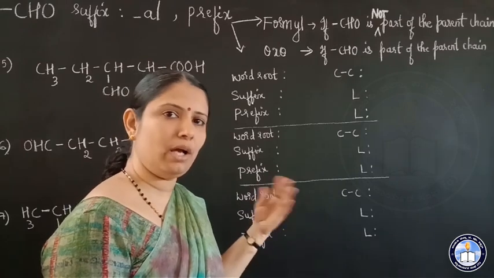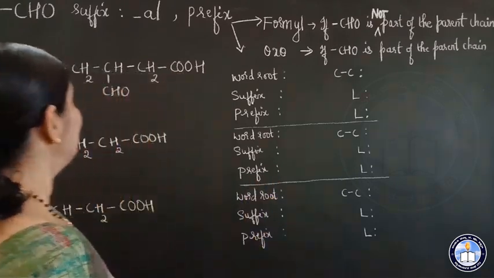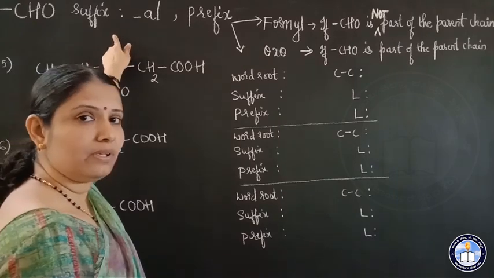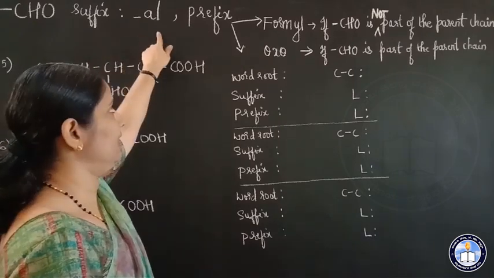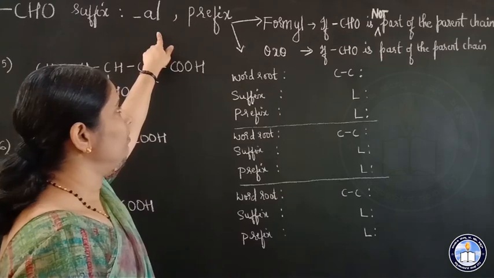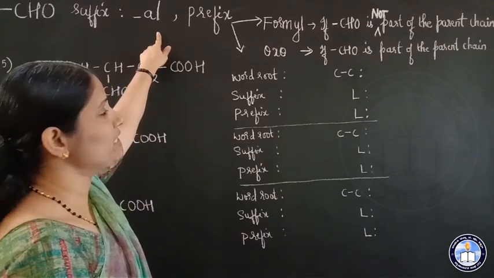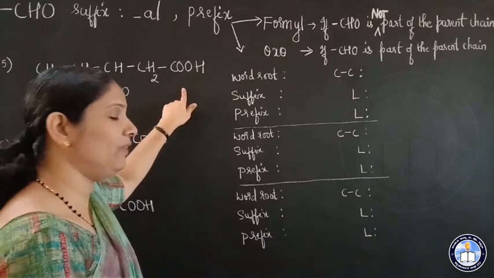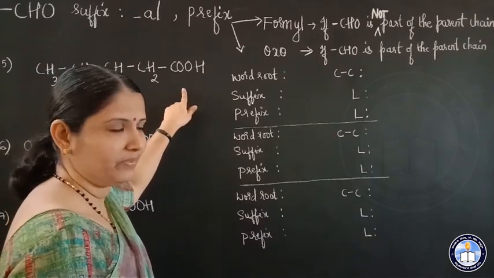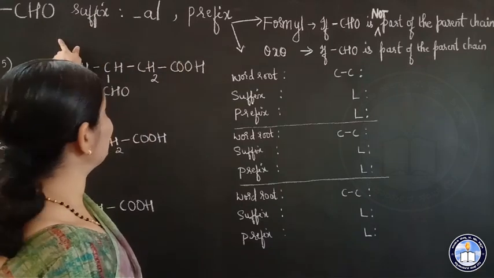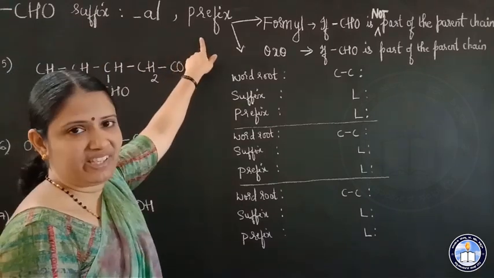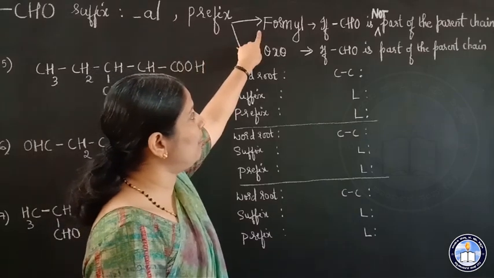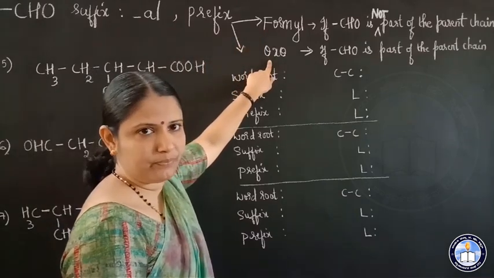Aldehydic group and carboxyl group. See here, when CHO is the functional group, suffix is AN. Now, if COOH group and CHO group is present, then COOH group will be the principal functional group. Right? Then CHO group will be named as prefix. Now here, there are 2 prefixes, formyl and oxo.